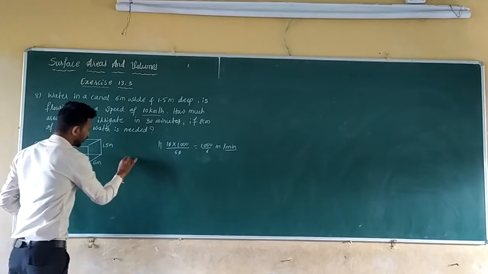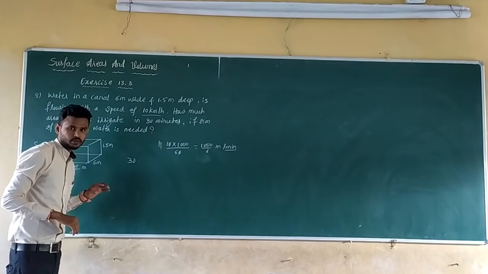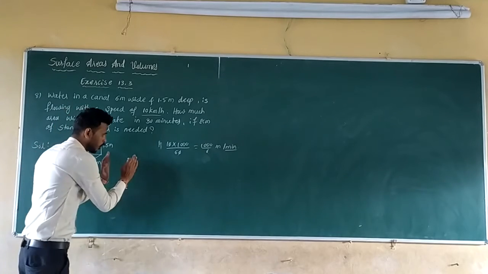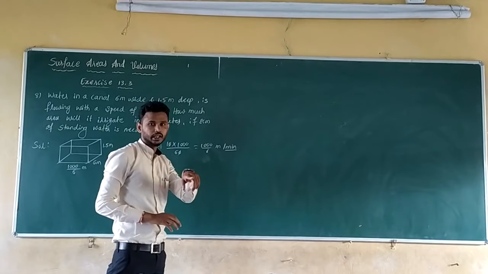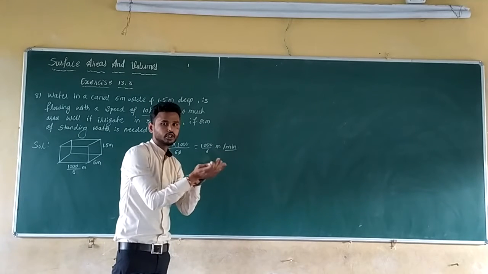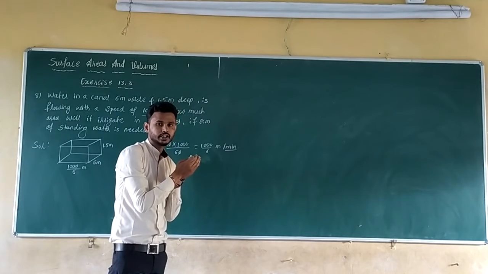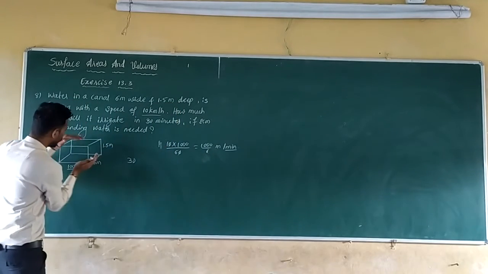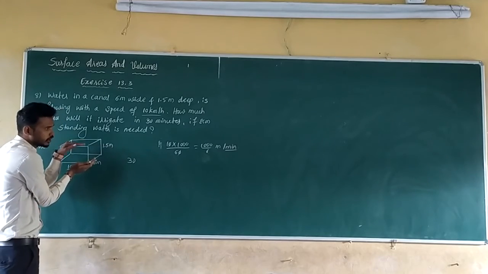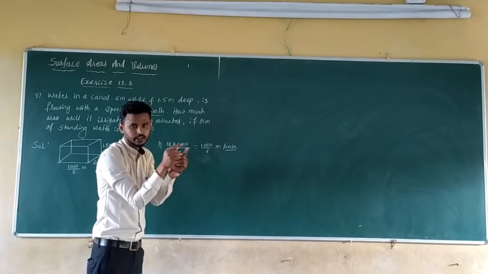Multiply that by 30, and you will get the volume of water used for the irrigation. Means how much water flows in 30 minutes, that much only we will use for the irrigation. So both the values are the same.